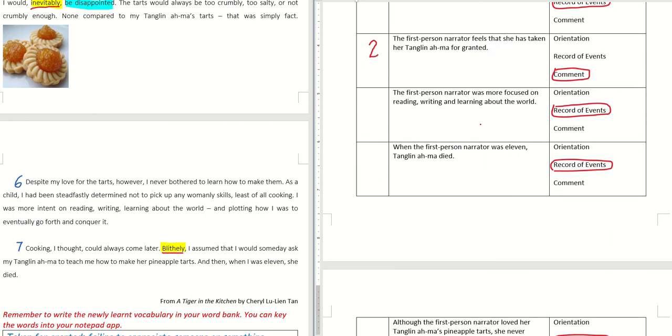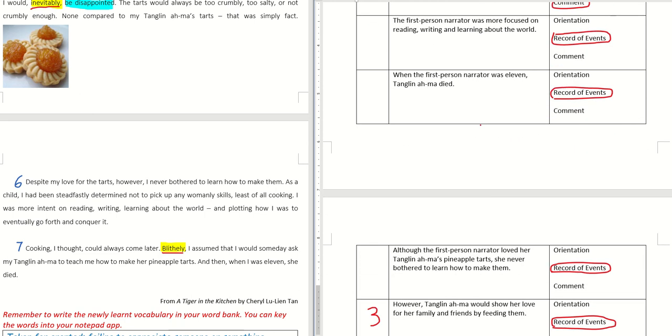Which one comes first? Okay, this one comes first. Loved her pineapple tarts comes first, then later, right? Never bothered to learn how to make them. See that? Then after, intent on reading, learning about the world.